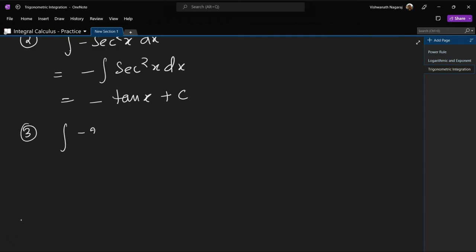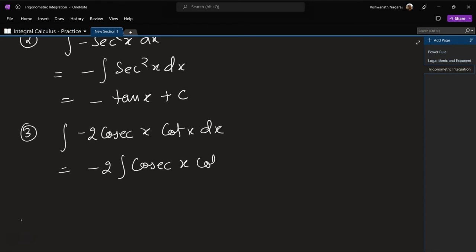Okay, third one, integral of minus 2 cosec x cot x dx. So minus 2 we can take it out. We have cosec x cot x.